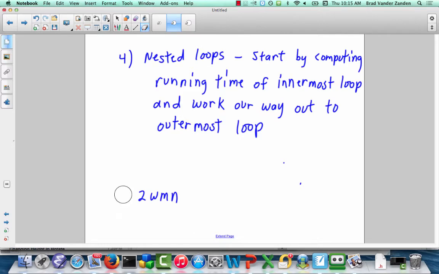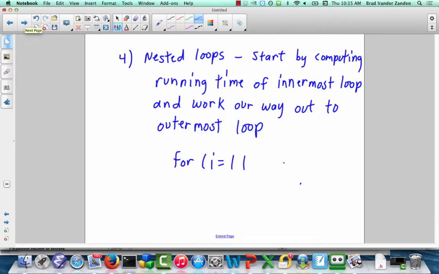Now, it's not always quite so easy. We might have for i equals 1 to n, for j equals 1 to i. Now it's a variable number of iterations in the innermost loop, and it depends on i.